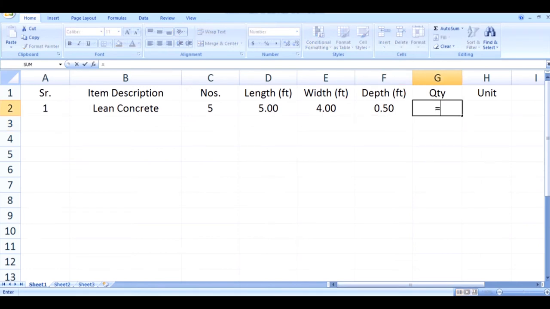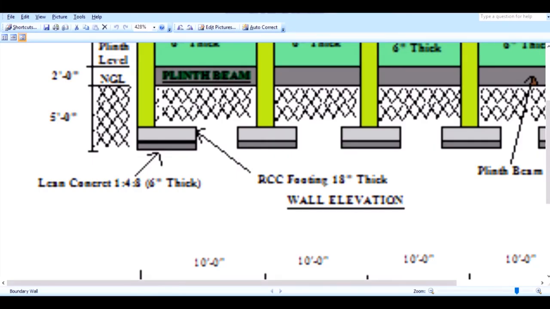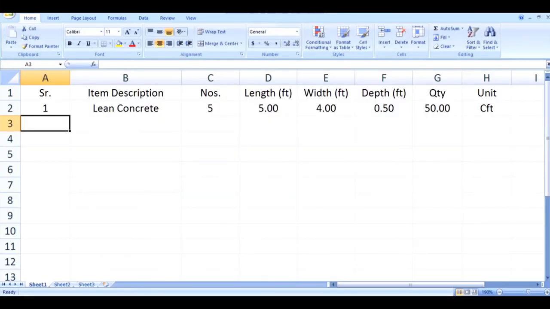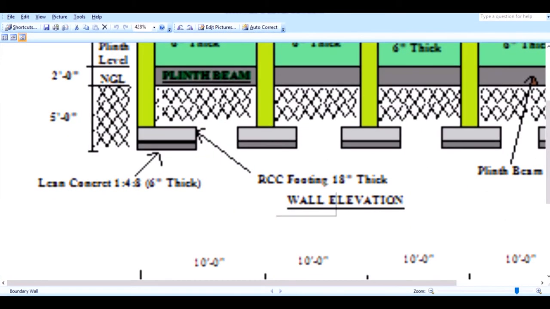Multiply all these quantities. Multiply all columns. Here we get the quantity of lean concrete for all 5 footings in a masonry wall is 50 cubic feet. Now again come back to the diagram.